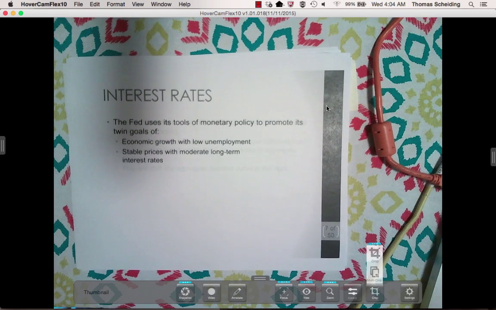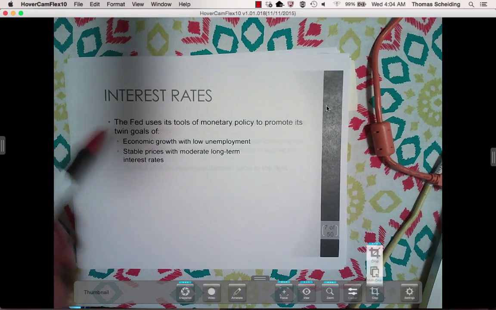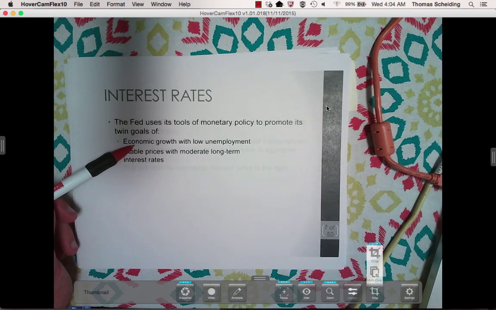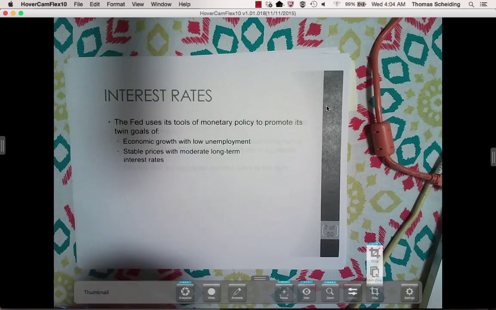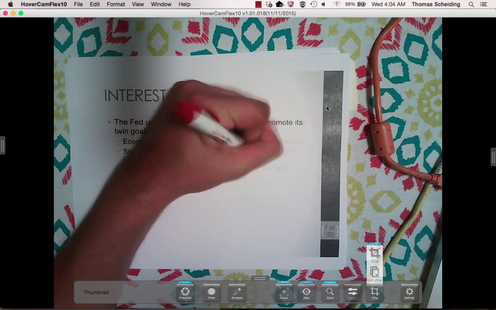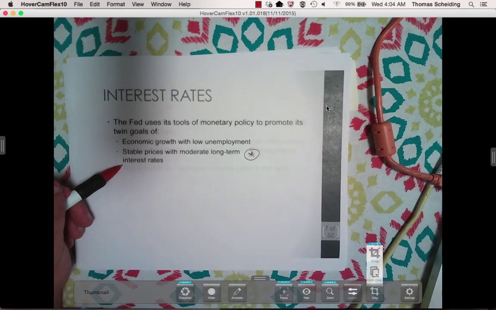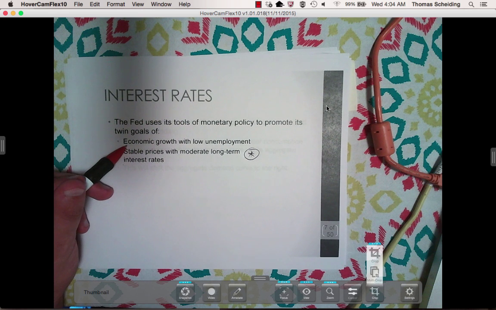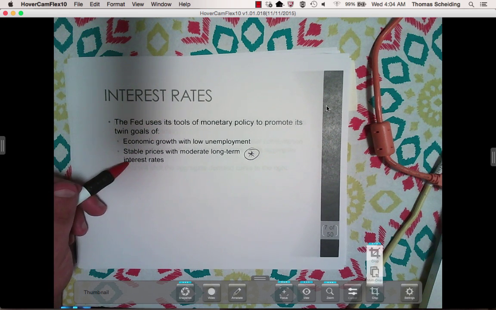What does the Federal Reserve want? What are its goals? Well, obviously it wants the economy to be growing and to have lower unemployment levels, but also it does want stable prices, and if anything, this is the Federal Reserve's biggest priority. This is much more of a politically influenced alternative. This is what economists truly do want.